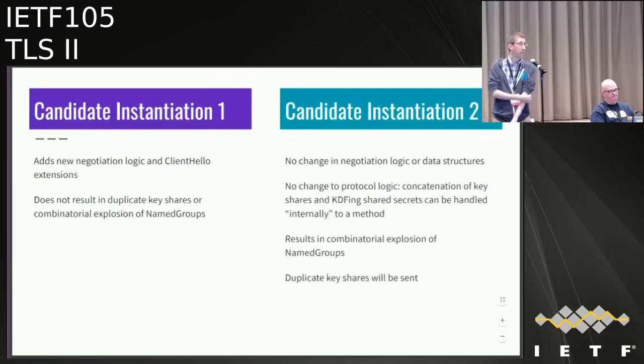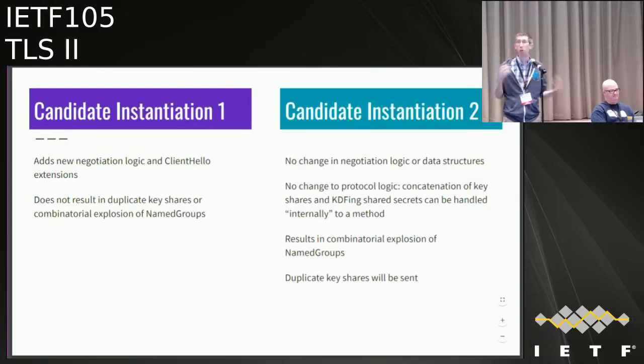Next slide. So to compare these, in the first instantiation, we have new negotiation logic and a new extension to convey the list of algorithms. But it doesn't require any change in how the key shares are conveyed, or multiple groups to be defined for each combination. Whereas in candidate instantiation 2, there's no change in negotiation logic or protocol logic.